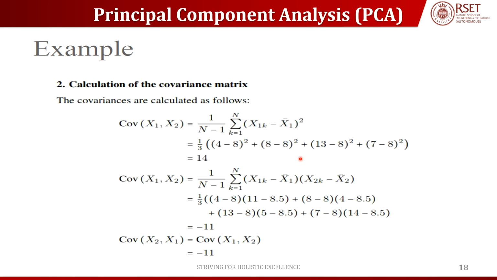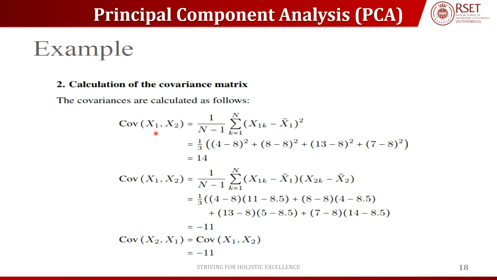Next is the calculation of the covariance matrix. So the covariance matrix S, for a 2D problem, will be a 2 by 2 matrix. We have to calculate 3 unique covariances: the variance of x1, the variance of x2, and the covariance between x1 and x2.